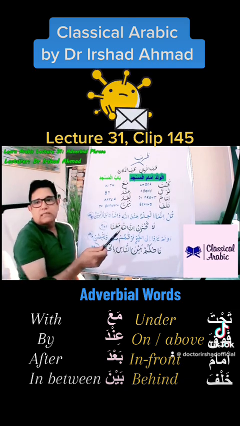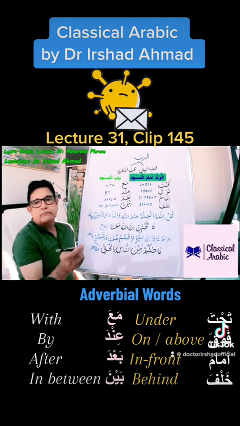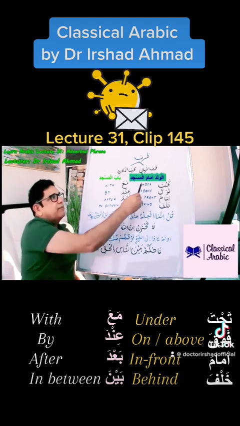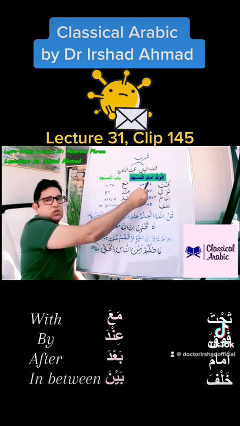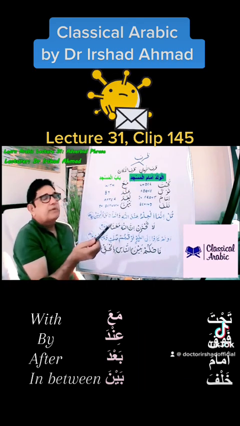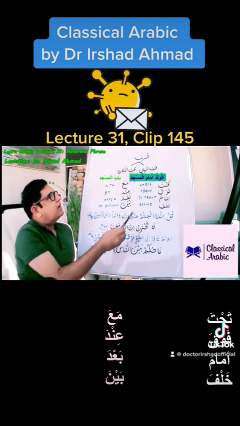But that is not the case in a standard possessive phrase, because depending on what is happening before this construction, the mudaf could be in rafa, mudaf could be in nasab, and mudaf could be in jar as well.